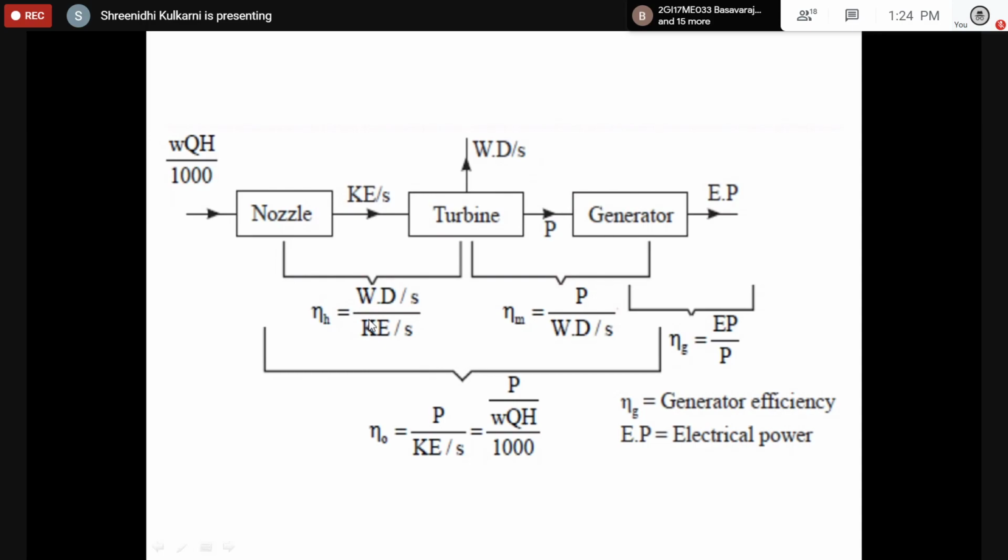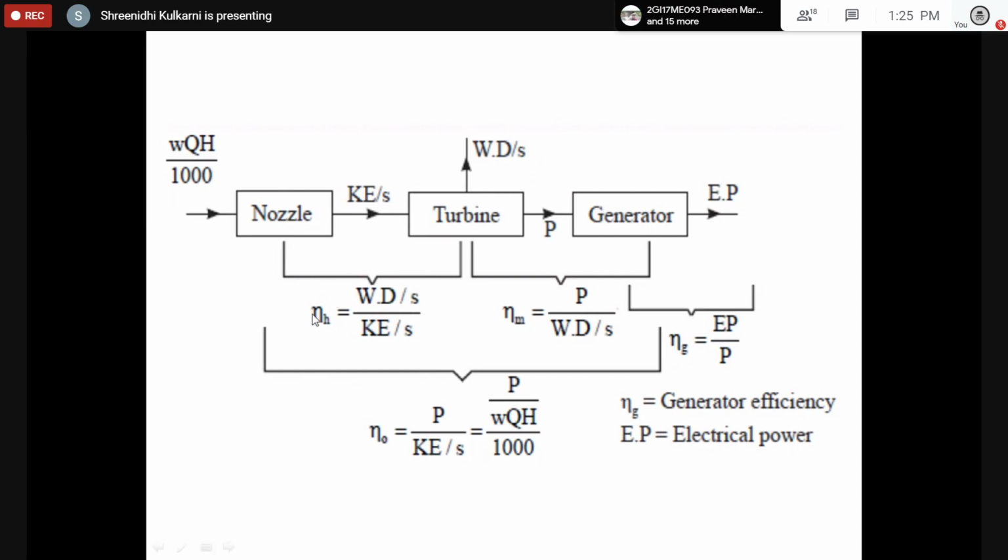Then what is the equation for this work done per second? We got m into (VU1 U1 plus or minus VU2 U2), or simply we can take it as plus VU2 U2, divided by the kinetic energy, which is half m v square. The m will get cancelled, because we can write m as rho into discharge.